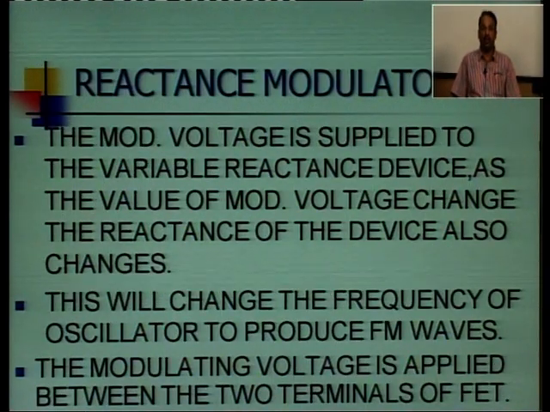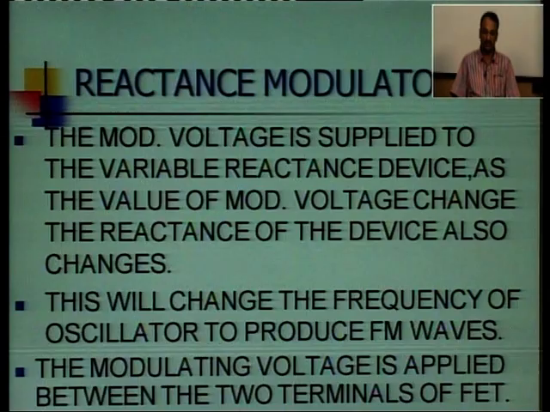The modulating voltage is supplied to the variable reactance device. As the value of the modulating voltage changes, the reactance of the device also changes. This will change the frequency of the oscillator to produce an FM wave. The modulating voltage is applied between two terminals of the FET.